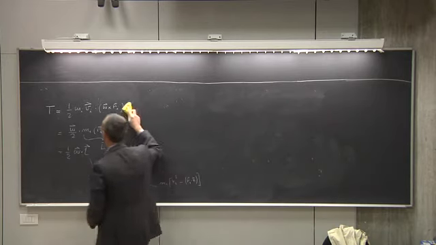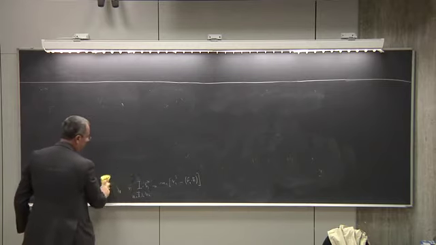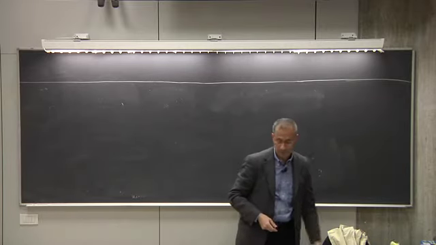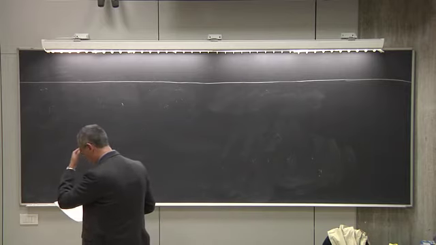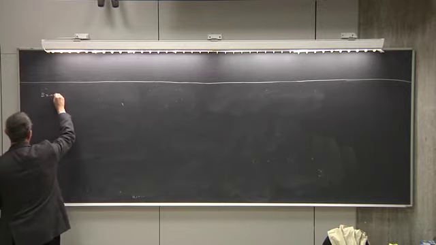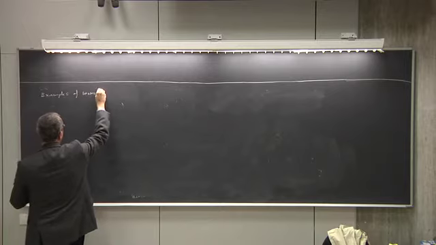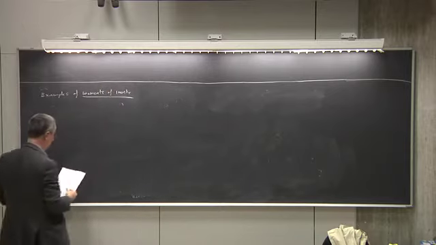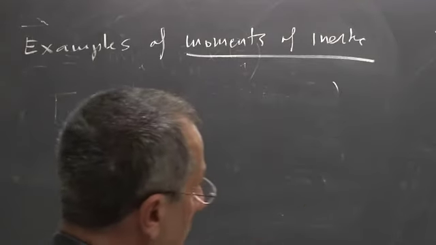So what you want is an object, and then you compute the moment of inertia of that object, right? And so let's start from the simplest object. So I want to write some examples of moments of inertia, what I call I. You remember, well, I erased it.